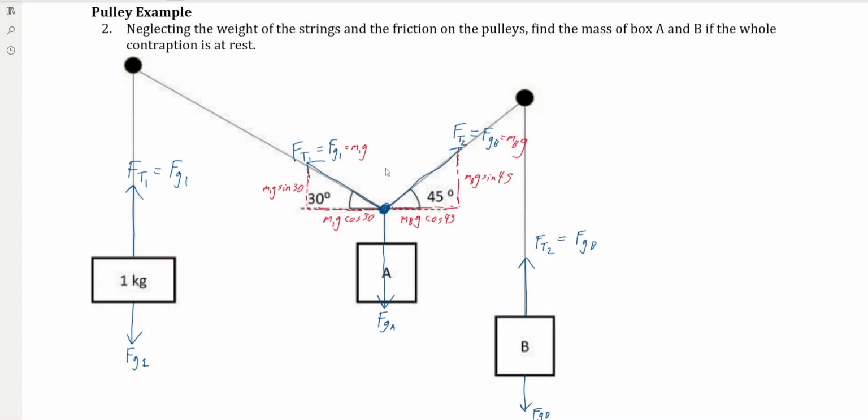Okay, and looking now at all of the different components affecting that A position, let's go ahead and try to solve it by putting in our F net horizontal and our F net vertical. So both have an A of 0.